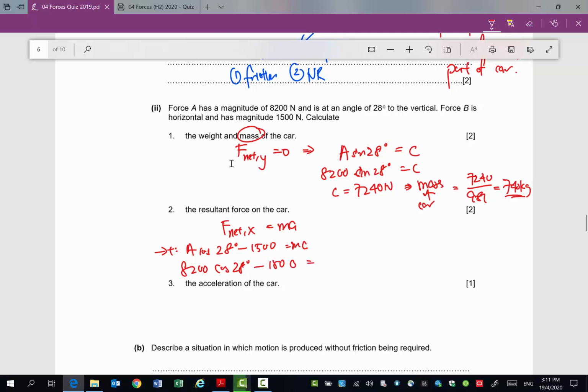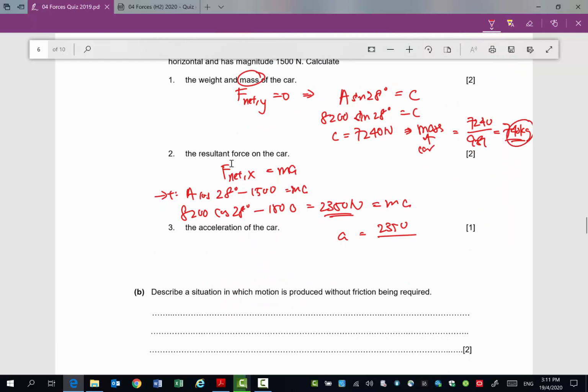If you press the calculator, this gives a value of 2,350 Newton. That is the resultant force on the car. To find the acceleration of the car, since this equals ma, a equals 2,350 divided by the mass of the car that we found earlier, giving the final answer of 3.18 meters per second squared.